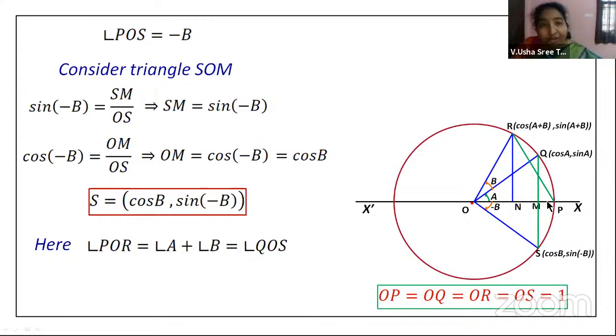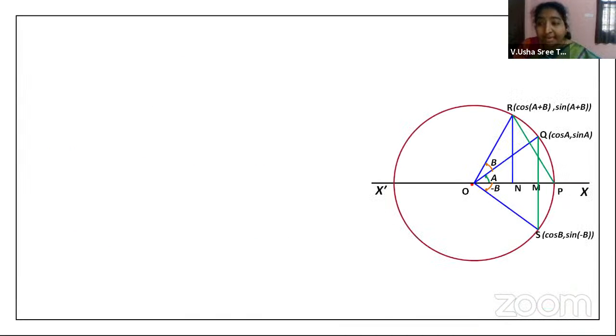The two chords PR and QS are subtending equal angles at the center. Therefore, we can conclude that PR is equal to QS. Now, when PR is equal to QS, we can definitely say PR square will be equal to QS square. Right? This is the diagram we have seen in the previous slide.